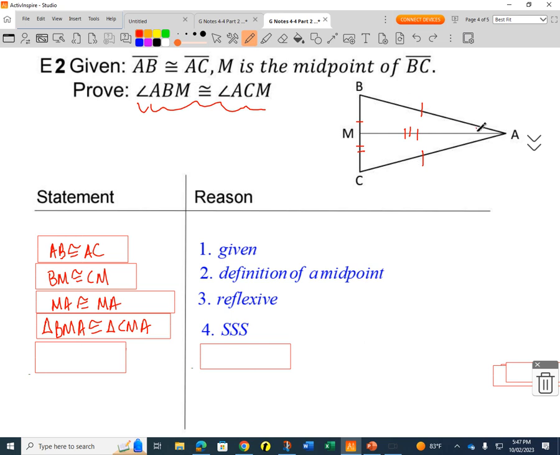So this angle is congruent to this angle, but this is the one in our proof, so that's what we're going to put here. So we're going to say angle ABM is congruent to angle ACM, and that's by CPCTC. Congruent parts of congruent triangles are congruent.